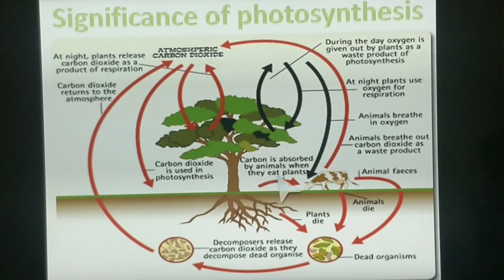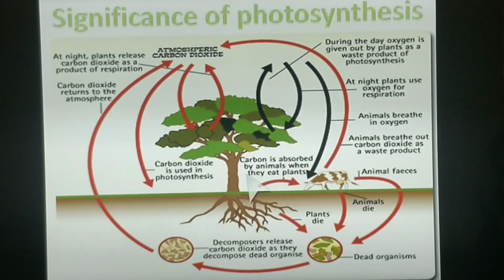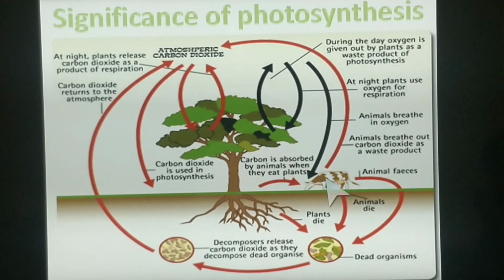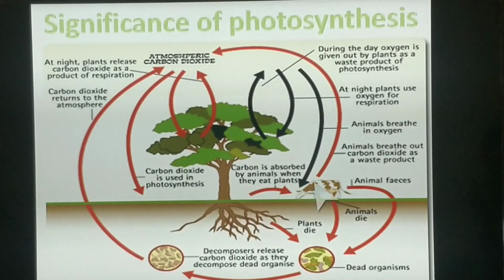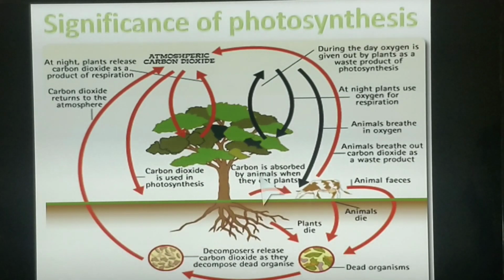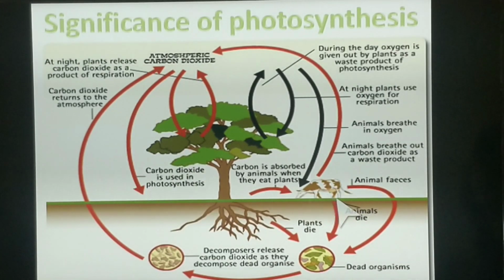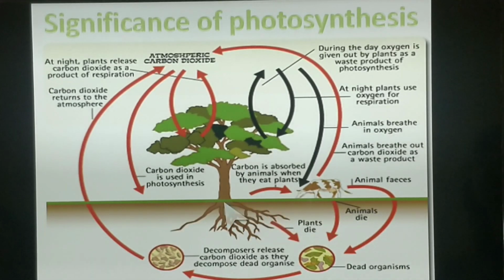When other organisms, like the grass-eating organisms, the herbivores, eat the food provided by the plant, they get the carbon from the food that they eat, as it is the carbon compound or the organic compound.